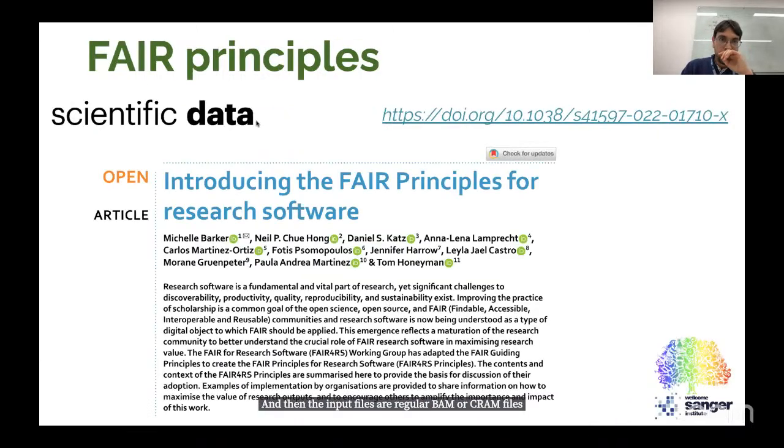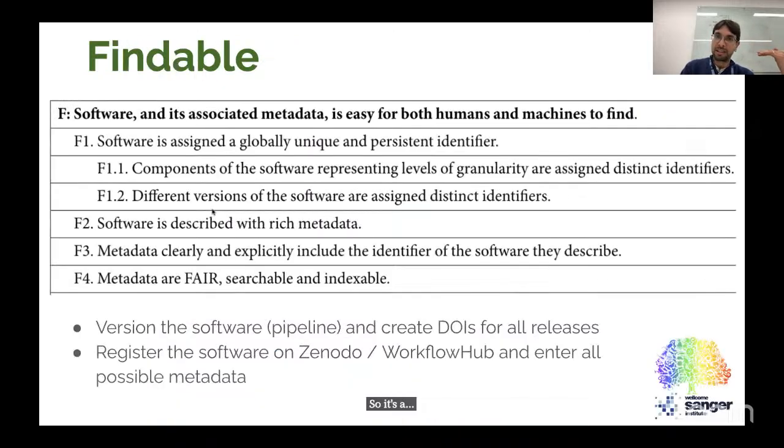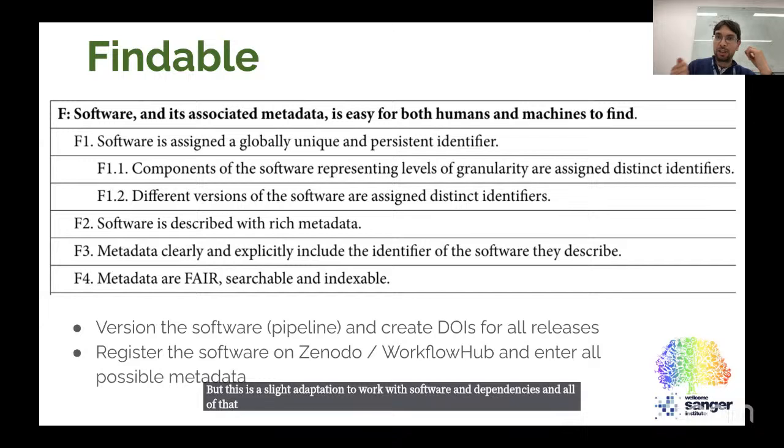So I want to talk about this publication from about 2 years ago about the 5 principles for research software. The 5 principles were designed for data initially, but this is a slight adaptation to work with software and dependencies and all of that. I think it's really key to make the pipelines usable for the community.